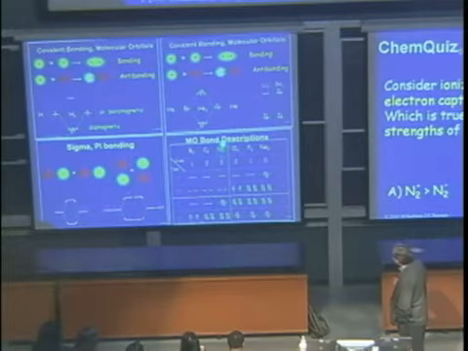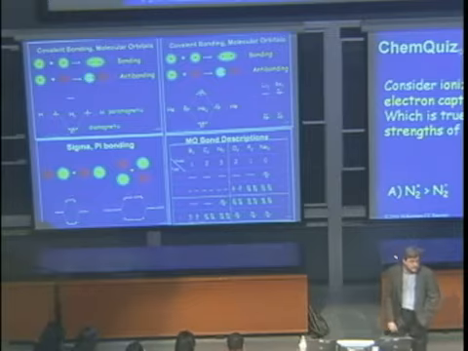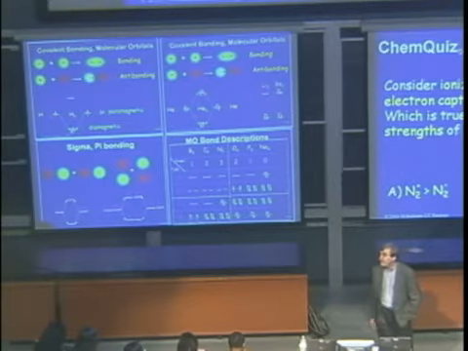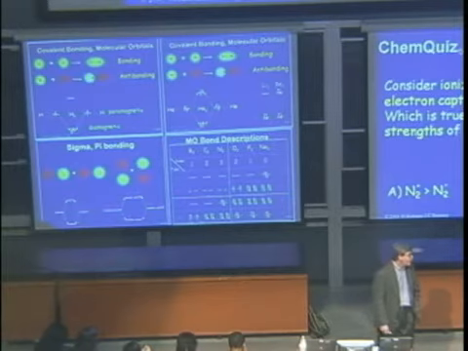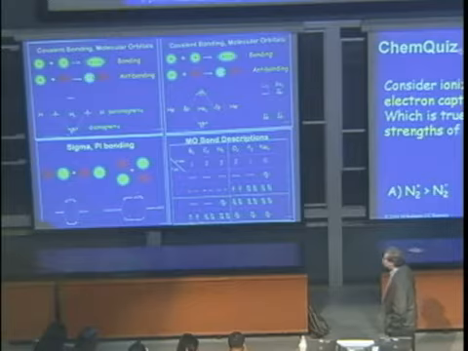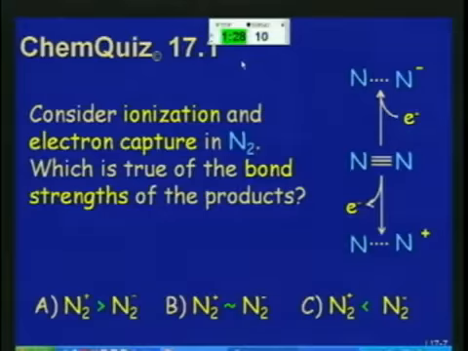Or you have N2 minus, so you put an extra one in there. Count the number of bonding minus the number of anti-bonding and divide by 2, and then compare to the number that you got before when you had the N2 plus. All right? Why not discuss it with each other? You really need to know that. At least Monday in a week.